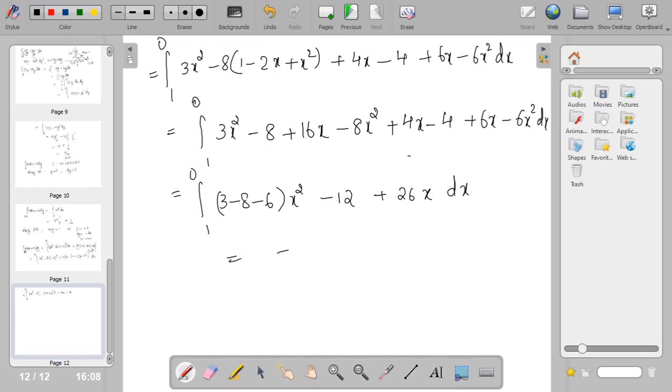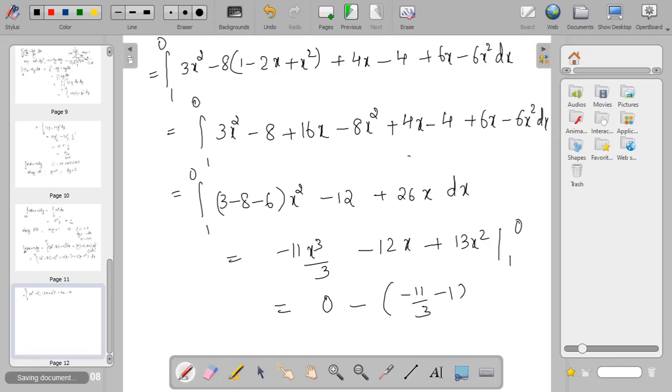So that is minus 11x cube by 3, minus 12x plus 13x square from 1 to 0. At 0 it will be 0, then minus 11 by 3 minus 12 plus 13. That will be equal to 8 by 3 when you simplify. So on this second curve you will get 8 by 3.